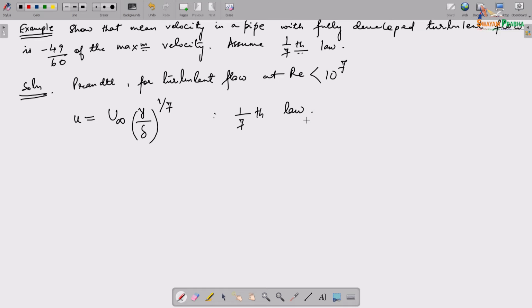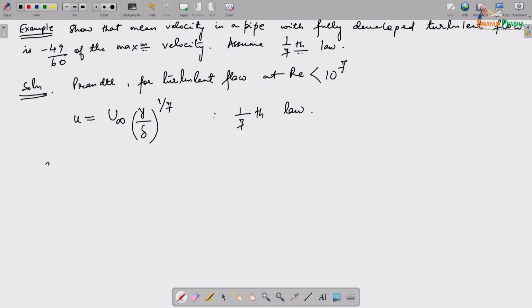So essentially Prandtl is giving us a relationship between the velocity in a turbulent boundary layer in terms of the free stream velocity, the distance from the wall, and the boundary layer thickness. So that's what this is about.